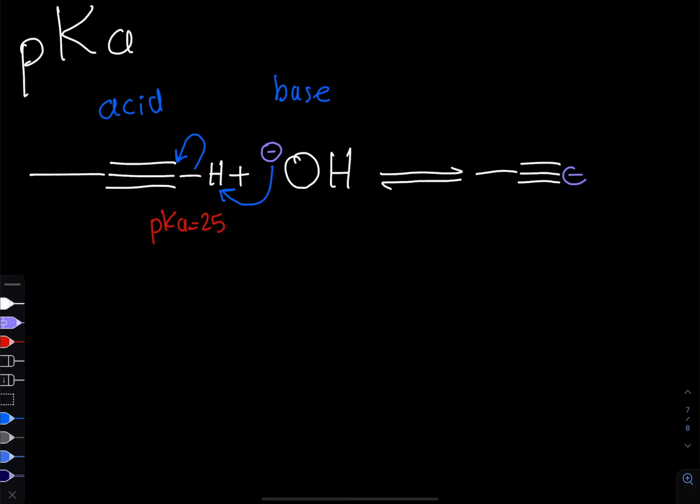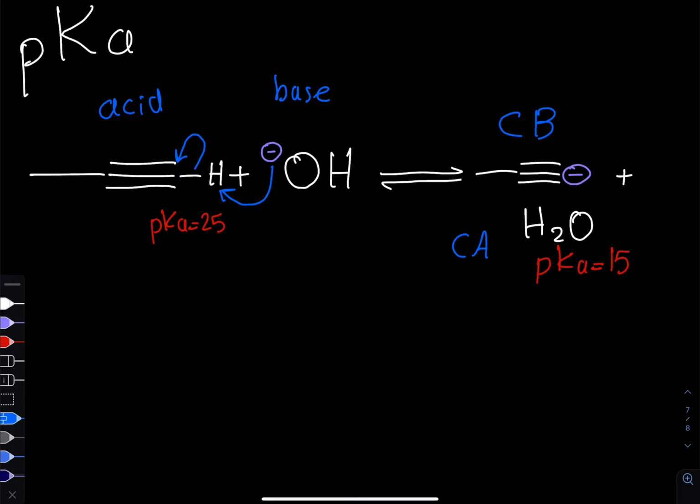So this is our conjugate base. Our conjugate acid would be hydroxide, or OH, with an extra hydrogen. So that's just H2O, or just water. And water has a pKa of 15. And that's the conjugate acid.